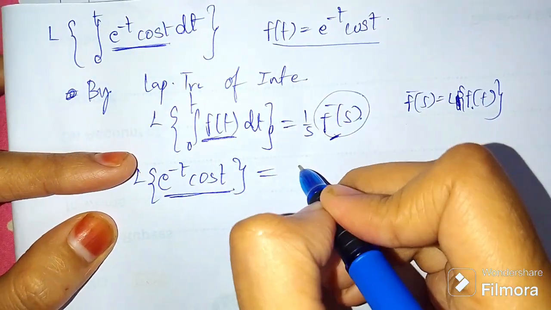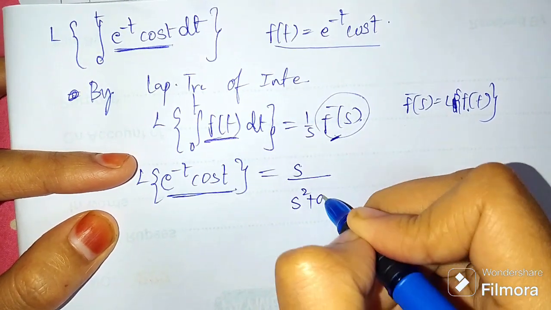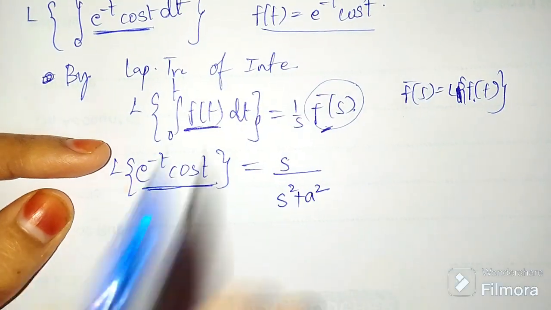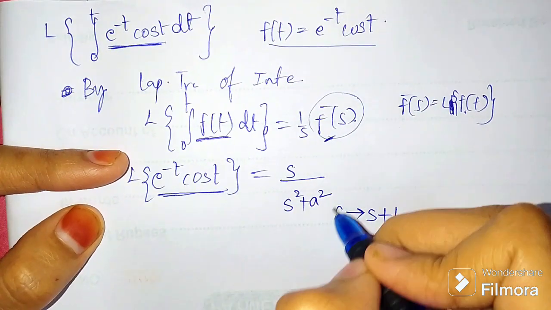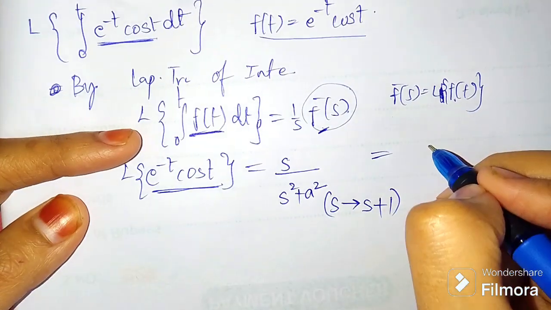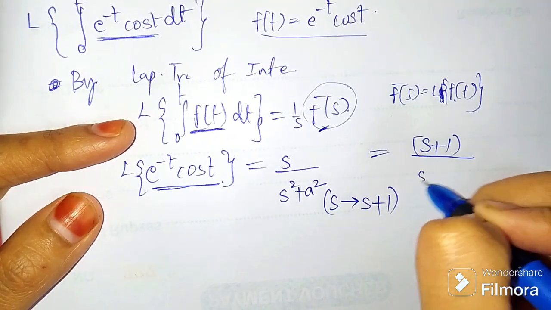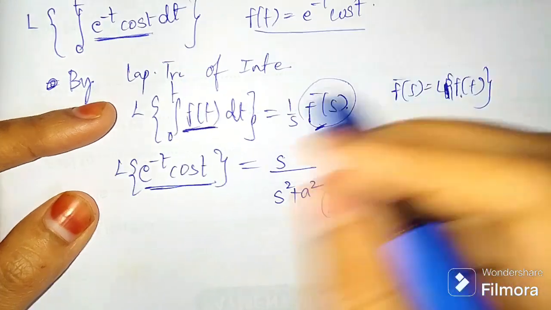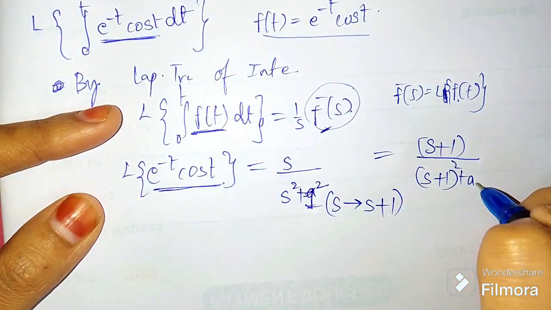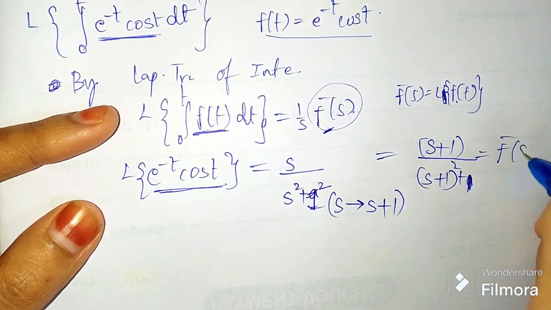Simply it is s by s square plus a square, but we have to shift s to s plus 1, remember, which is s plus 1 by s plus 1 whole square plus 1. Sorry, this is 1, no?